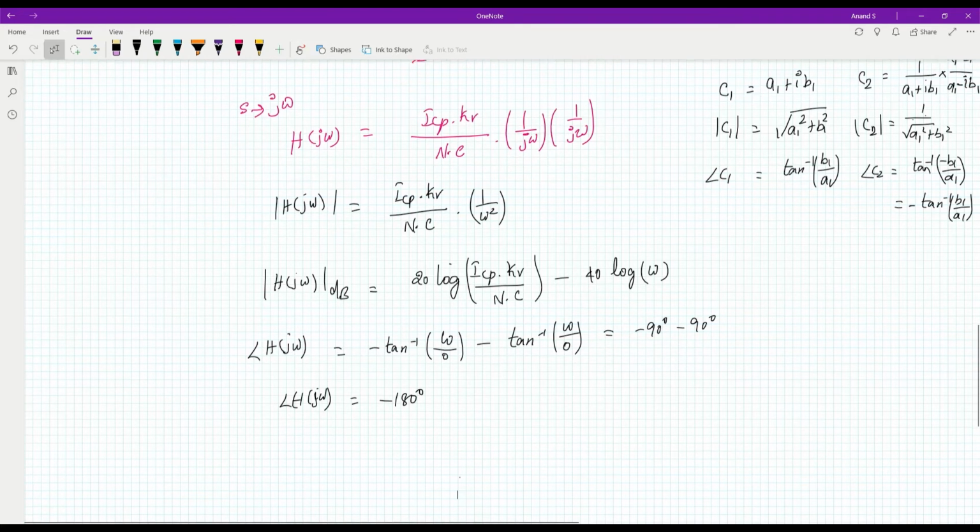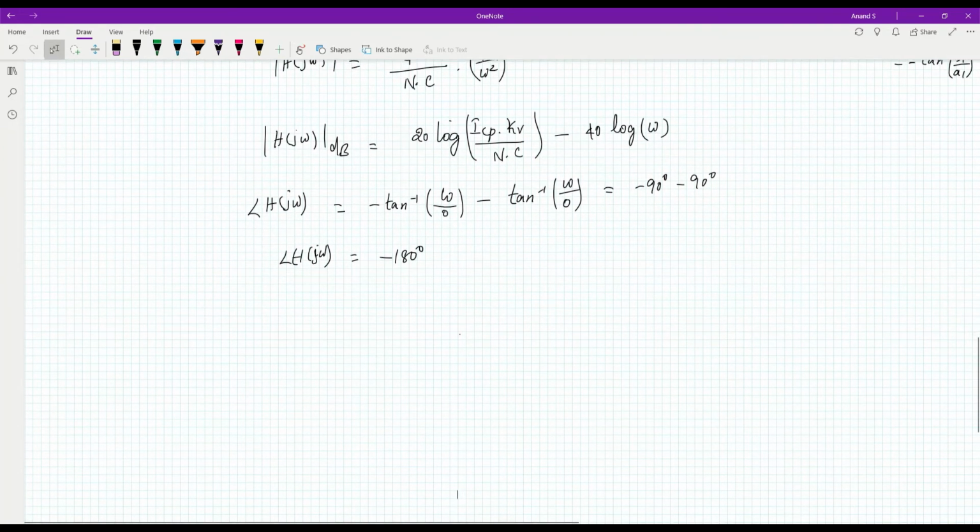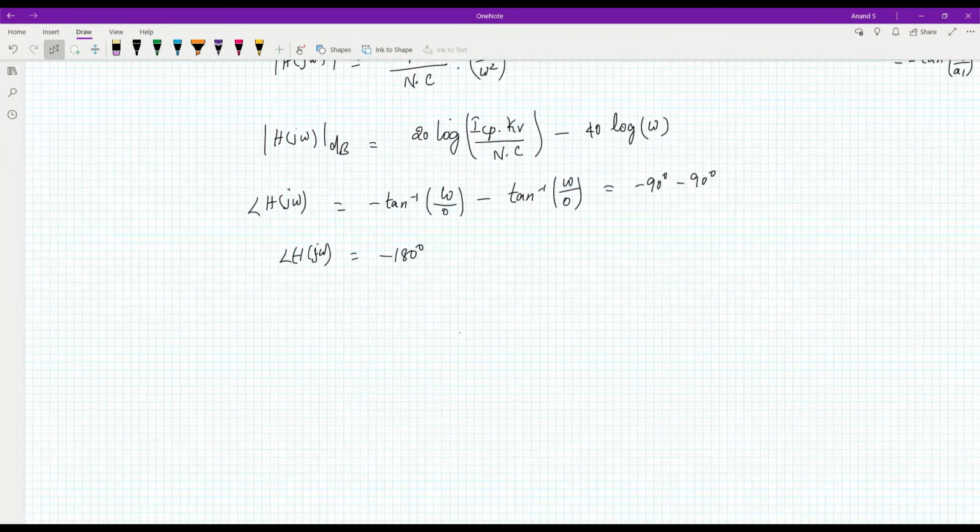Okay, so now let us plot this magnitude and angle across frequency omega. Let us take the y-axis as magnitude of H of j omega, and the x-axis is frequency omega. Similarly, we will have another plot where the y-axis is angle of H of j omega, and the x-axis is again omega.